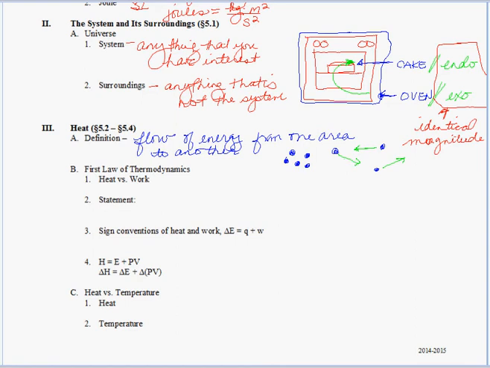When the heat flows, it's because two particles from these different areas pass that energy between them. As they pass the energy, the one is going to slow down and the other one is going to speed up. And the idea is that between the two of them, you're going to reach an equilibrium of energy.